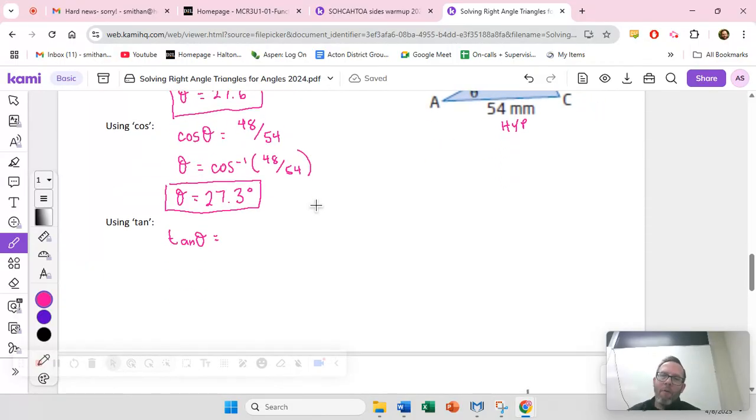What do we got? 25 over 48. About 27.5 degrees.